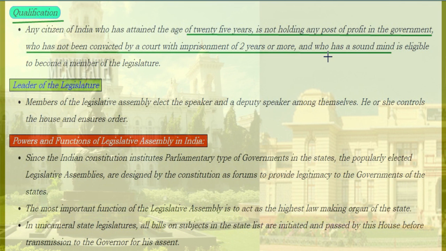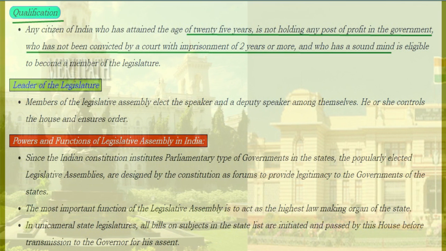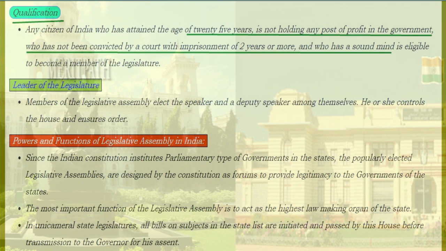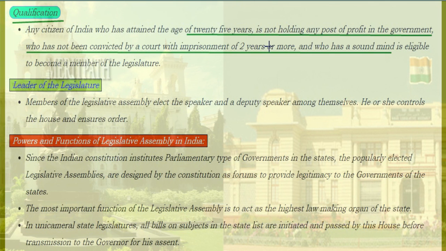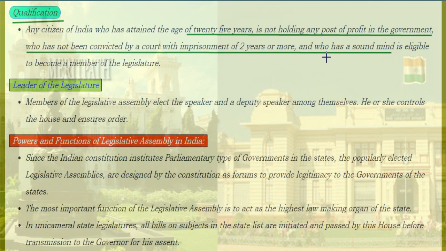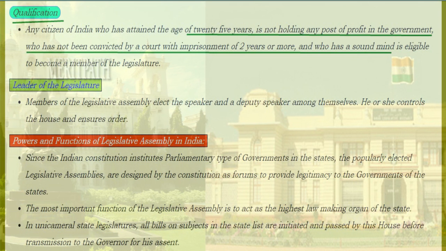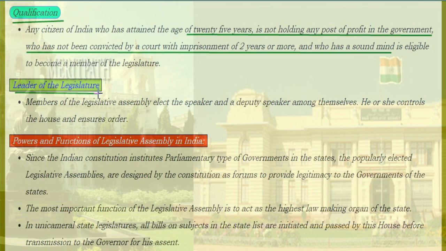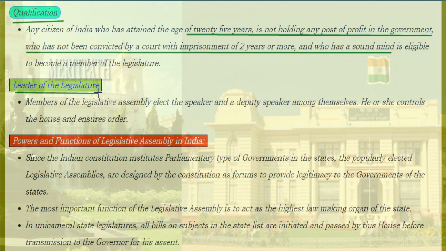To become a legislative member, a MLA, what are the basic qualifications needed? He or she has to be a citizen of India and be a minimum of 25 years of age. He or she should not hold any post of profit in the government. He shouldn't have any criminal history, shouldn't be convicted by a court with imprisonment of 2 years or more.